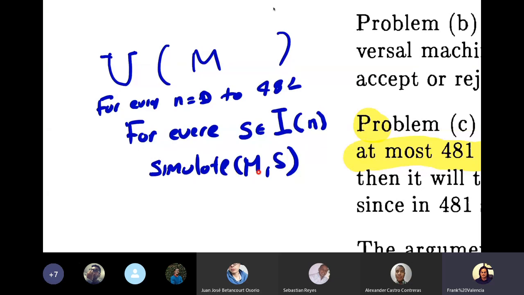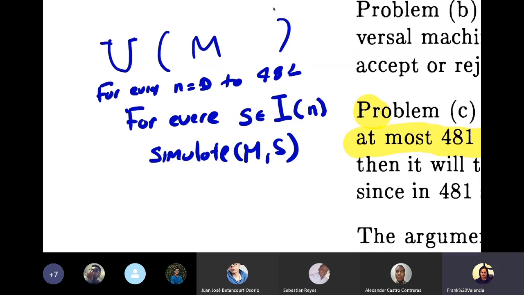And then it simulates this for 481 steps. If this machine on this input stops before 481 steps, then the whole Turing machine can immediately stop and say, wait, this is not the case, for this problem, for the problem D.